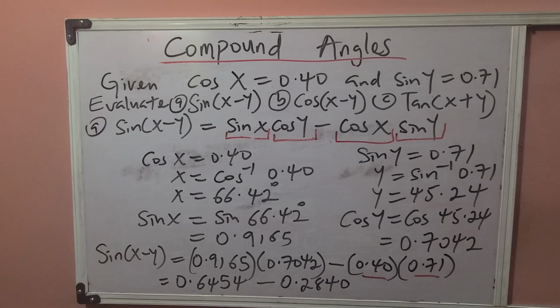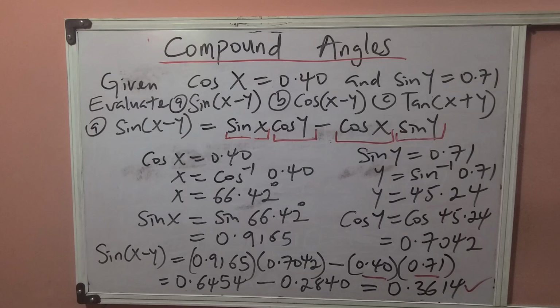What we have to do now is to subtract this side from this side. That'll be 0.6454 minus 0.2840. And this will give me the final answer to be 0.3614. So this is the final answer for my sine x minus y.